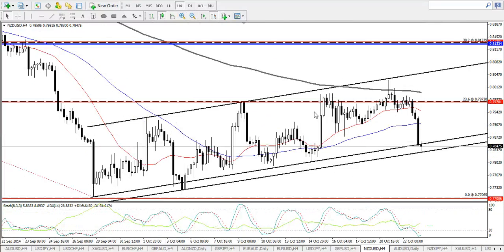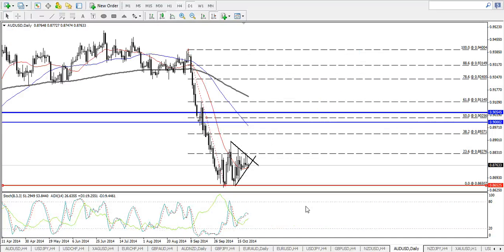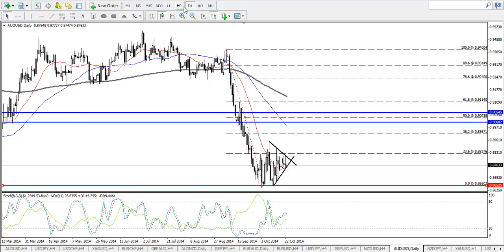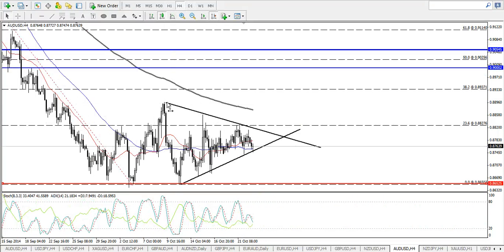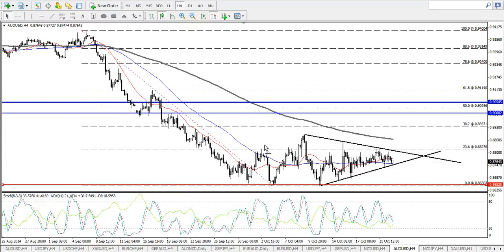After these four pairs, I would just like to touch on another pair, which is the Australian dollar against the US dollar. Right here we are seeing a very strong consolidation on the 4-hourly chart, and it is about to end, because it's almost at the end of the symmetrical triangle, and we are expecting a breakout very soon.